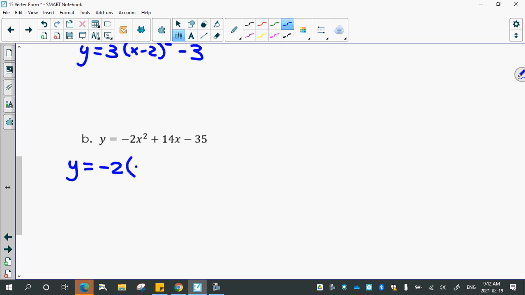If you factor the -2 out of the first two terms, you should get x squared minus, one of the issues is getting the minus there, 7x. How many people got that first step? Excellent.